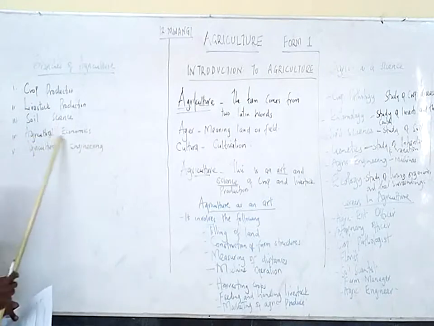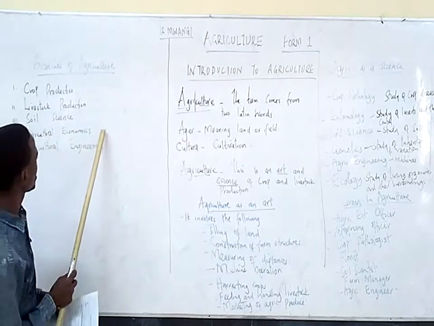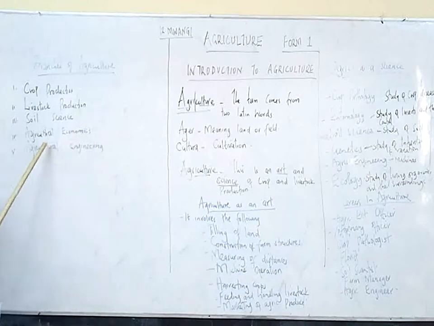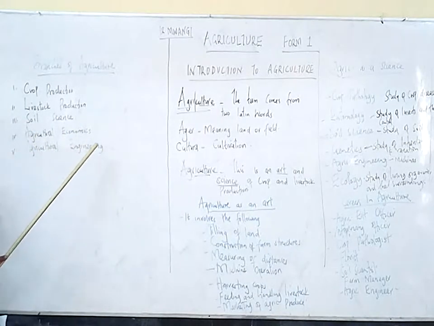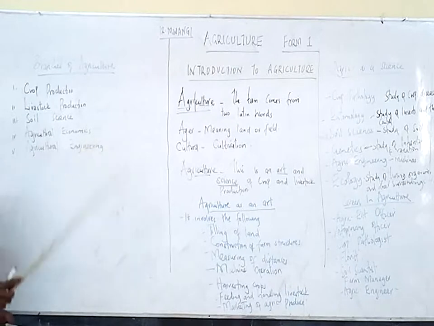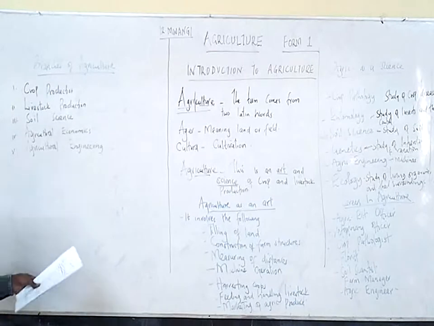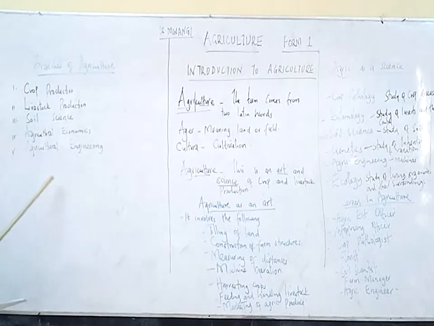Then number four, the other branch of agriculture is agricultural economics. This is a field which helps the farmer to know whether the farm is operating at a profit or a loss, or how to make sure that it minimizes inputs and maximizes output, thus resulting in a profit. Then the branch number five, we have agricultural engineering.